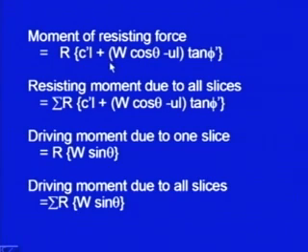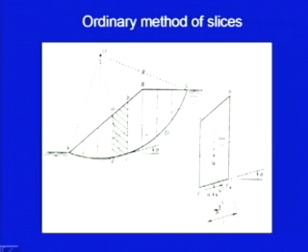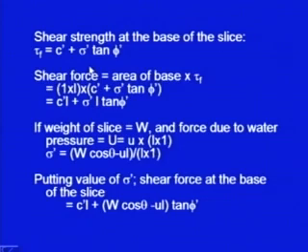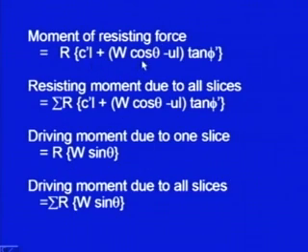Now, moment will be equal to the force acting over here into this radial distance r. So, the resisting moment because of this force will be r into c dash L plus W cos theta minus U, L into tan phi dash.